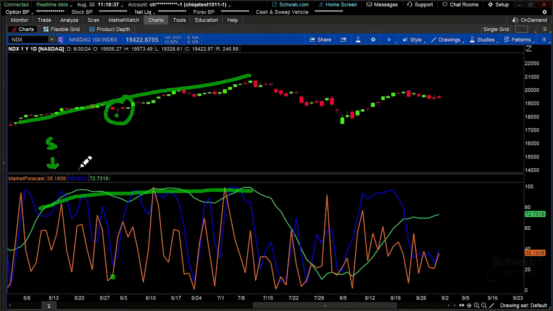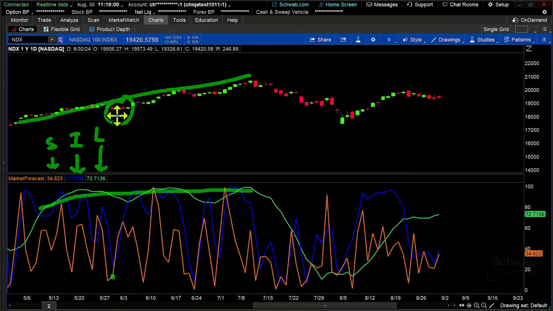I'll just label them this way. Short, this line is intermediate, and this line is long. That makes sense? Yeah, I meant orange. Okay, so notice what happened right here.